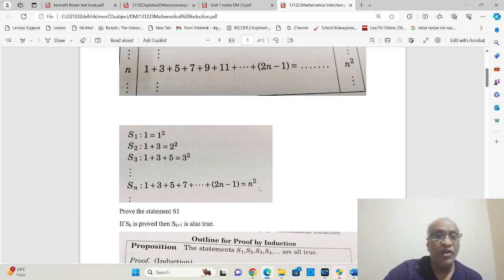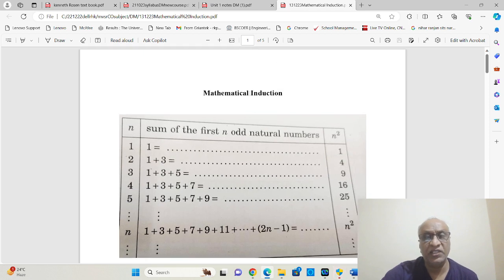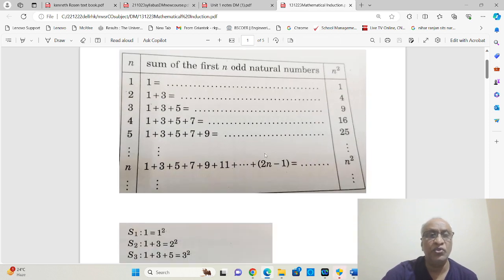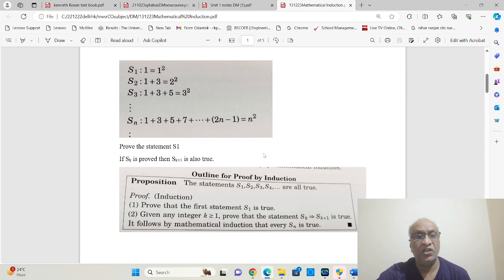Now, we have to prove this using mathematical induction. For that, what needs to be done is, we first need to prove statement number 1 is true.